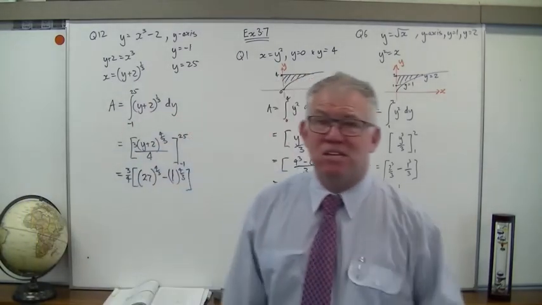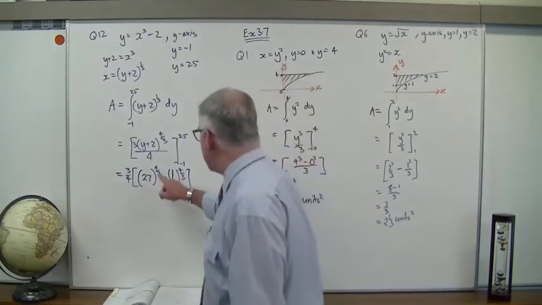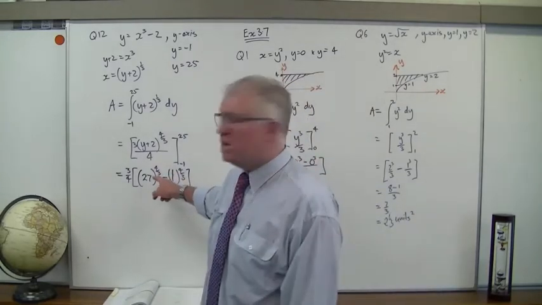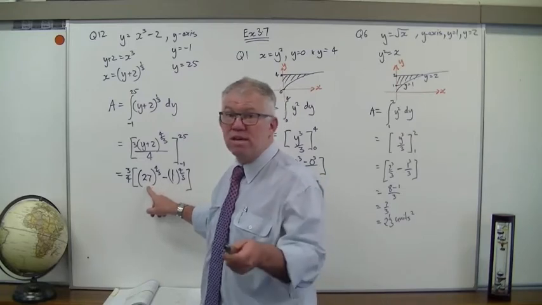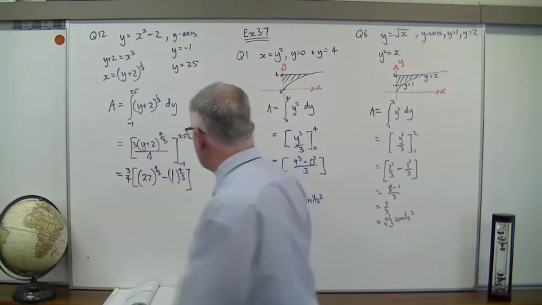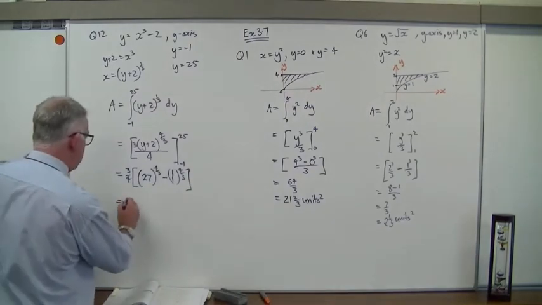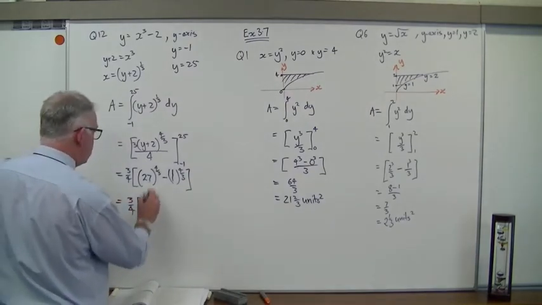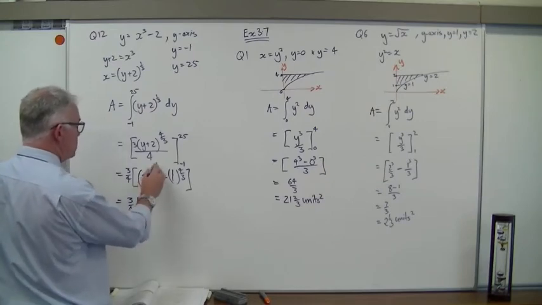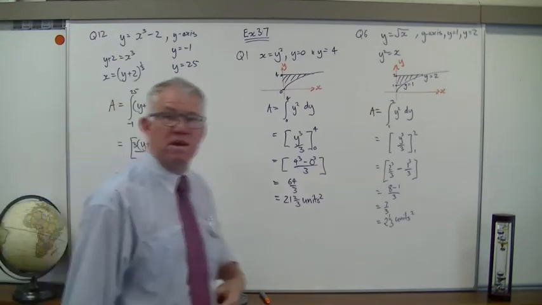So what's 27 to the power of 4/3? And 4/3 is an ugly looking kind of a thing. No, it's not really that bad, because a third is just a cube root, and the cube root of 27, what's that? That's right, Duncan. It's 3. So we'll end up having 3 on 4 outside of 3 to the power of 4. And what's 3 to the power of 4?